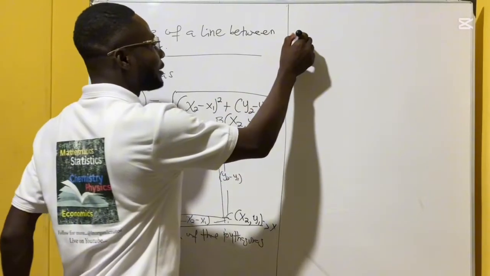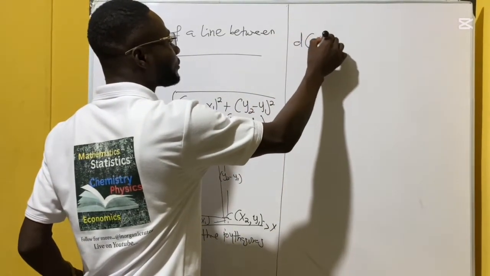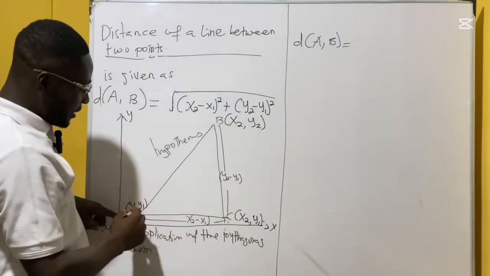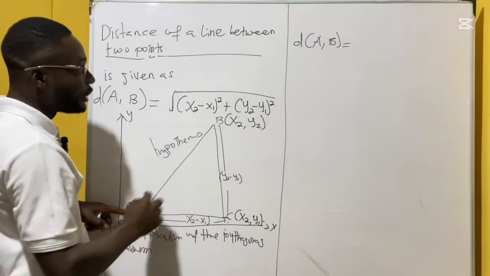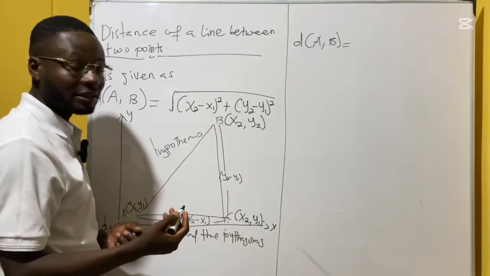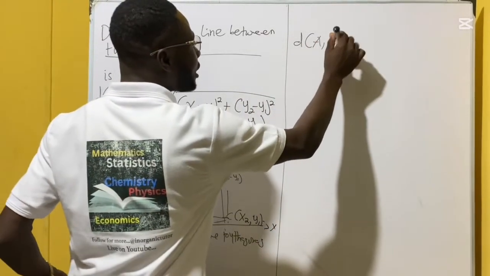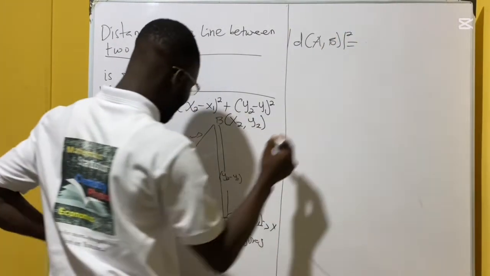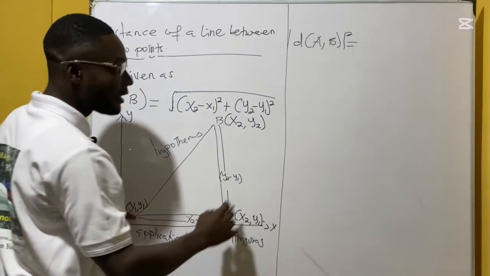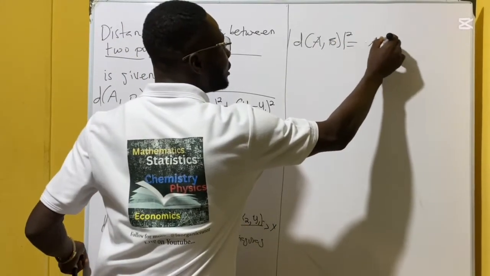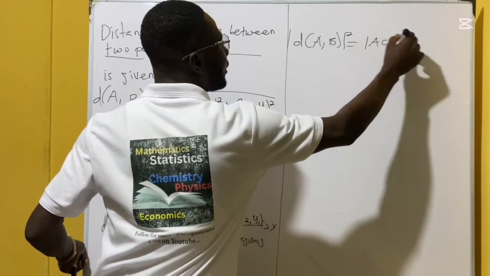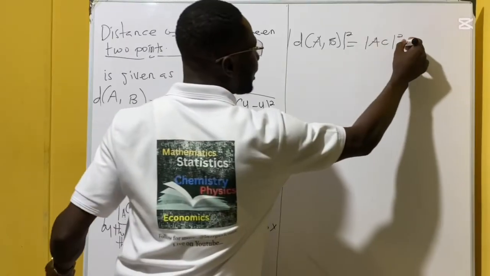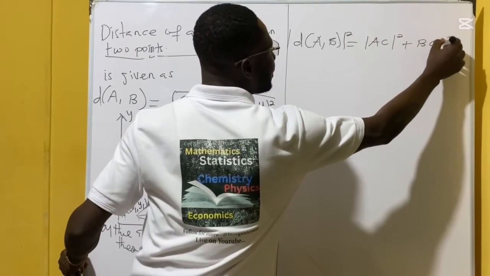The distance of line AB squared will be equal to the square of line AC plus the square of line BC. Basically, we have to square this part, so AC all squared plus BC squared.